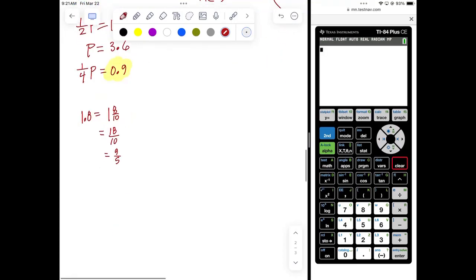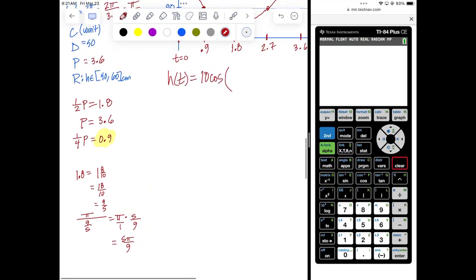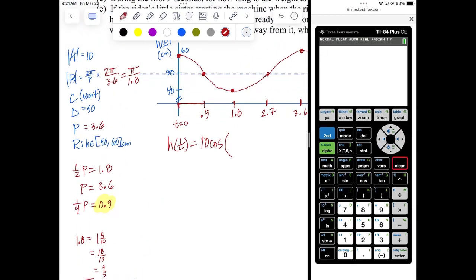Okay, so now if we have pi divided by 9/5, that's the same as pi times the reciprocal, 5/9. Yes? So if I put the pi over 1 and I multiply straight across, I get 5 pi ninths. And that's a much better looking value of b. Okay? So pi over 1.8 is not incorrect.